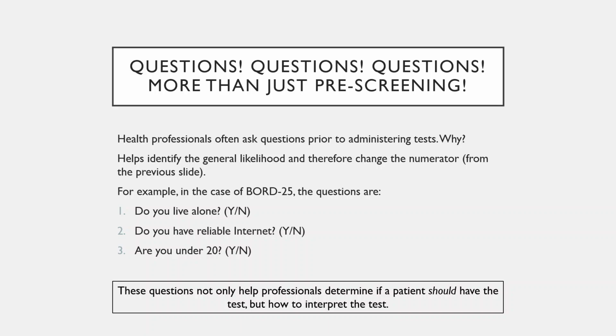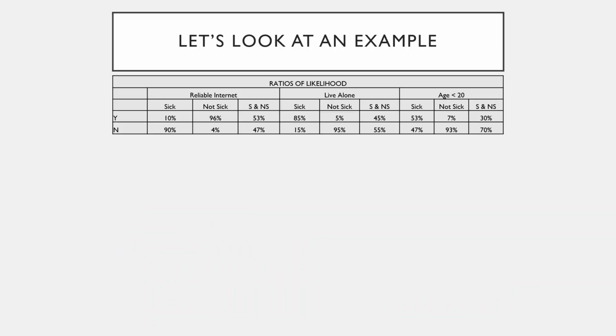How does that work? Well, what we see here depends on whether people answer yes or no to each one of these. So for example, 90% of the people who say they don't have reliable internet are sick.